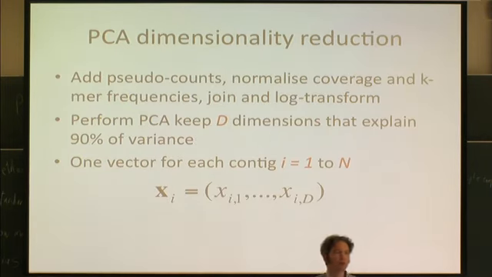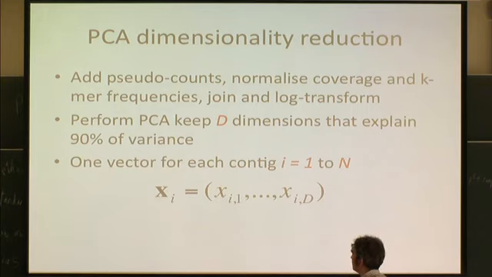Then we do various normalizations and transformations. This stuff isn't terribly important. One thing we do is add pseudo counts because we're actually going to log transform the data at some point. We also normalize for sample sizes, and then we join those two vectors together and log transform them.